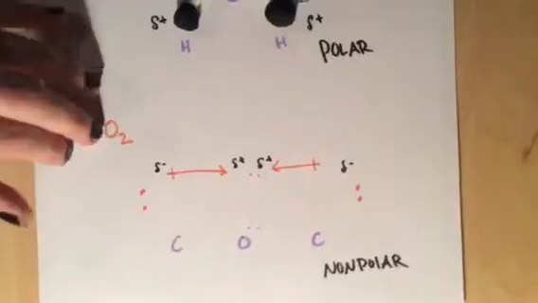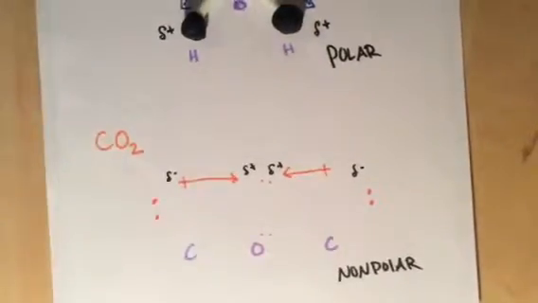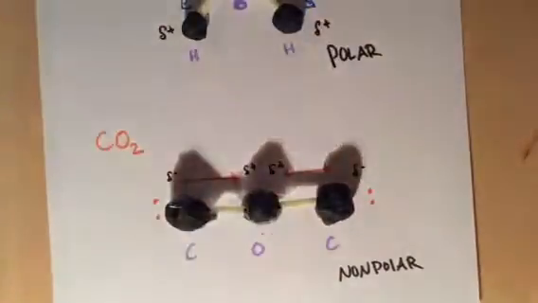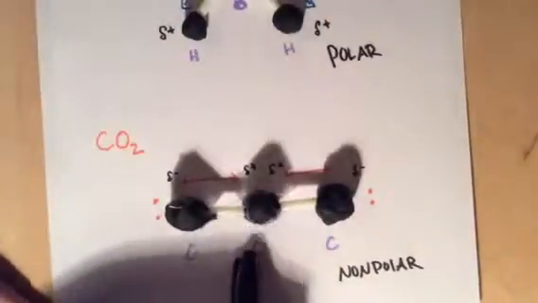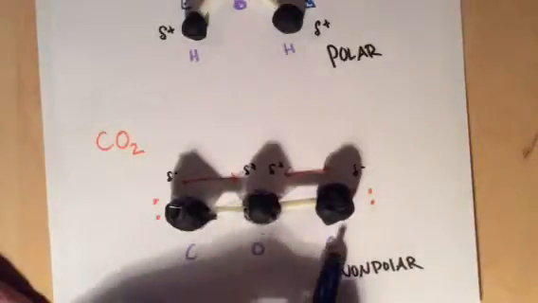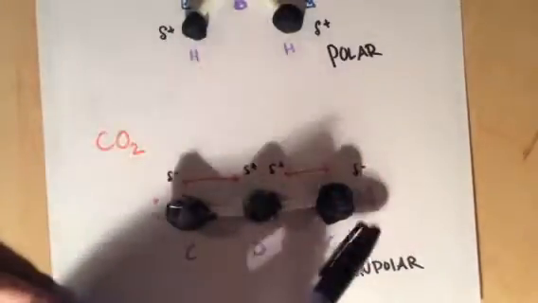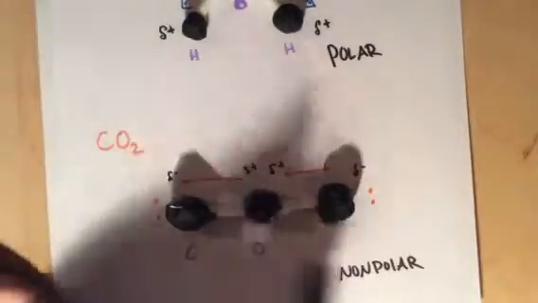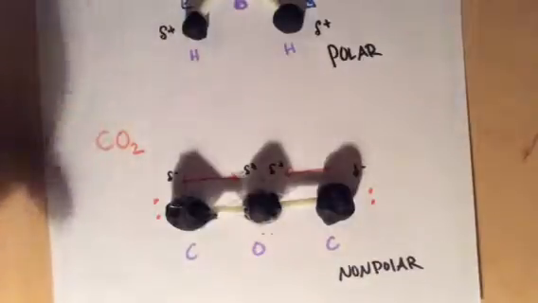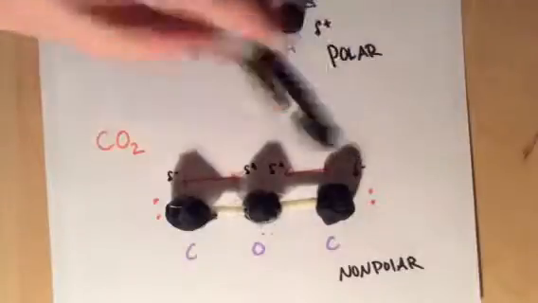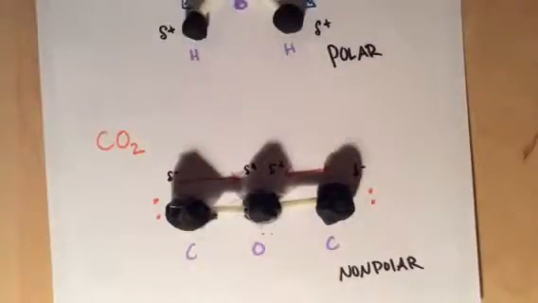If you compare that to CO2 here, this is a linear shape. The oxygens have the octet here, with 2 electron pairs that are lone pairs, and this causes a linear shape, giving both of the oxygen atoms slightly negative charges.